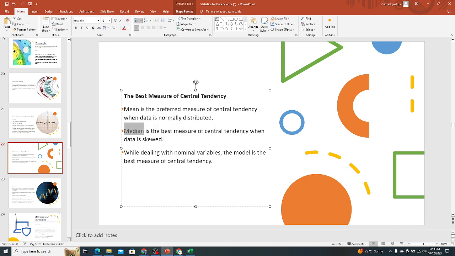Mean is the best measure when the data is normally distributed. Then when dealing with nominal variables, the mode is the best measure of central tendency.